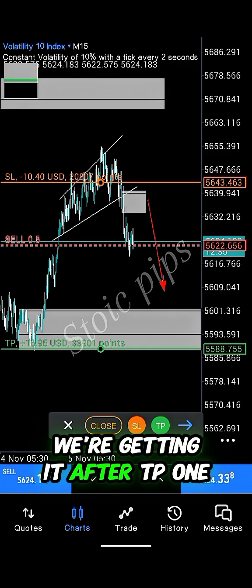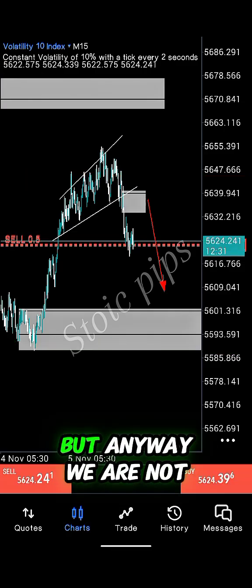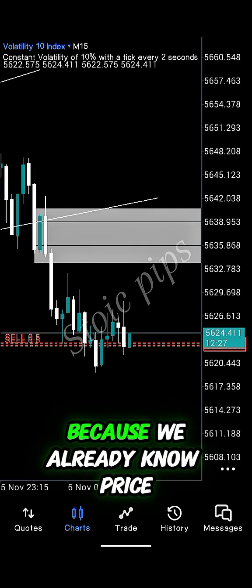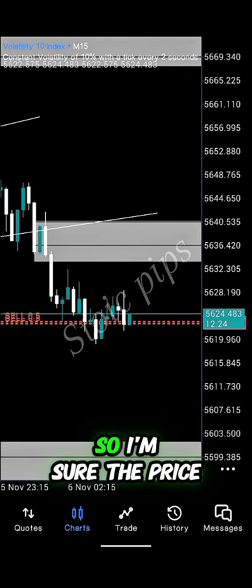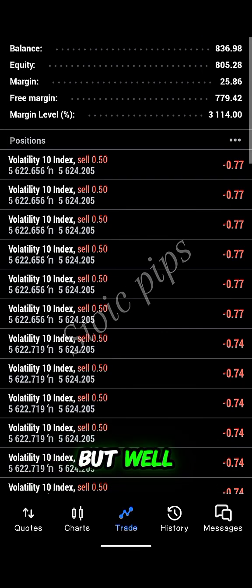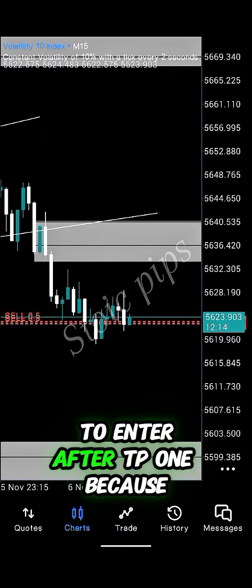We're getting it after TP1, so that's why we're entering a bit late. But anyway, we are not holding it for long, because we already know price is selling. I'm sure the price is going to sell, that's why I'm entering here. But usually you would not have to enter after TP1.